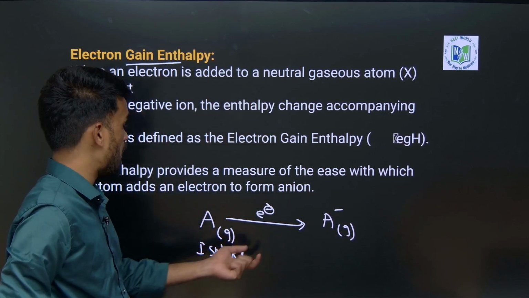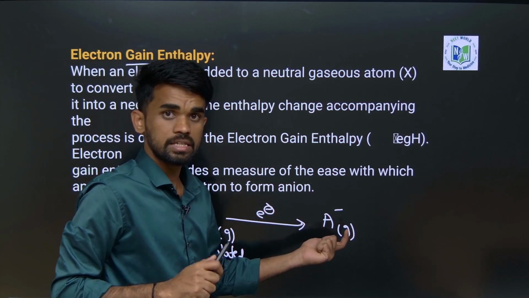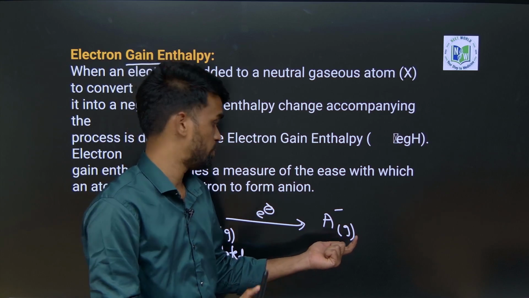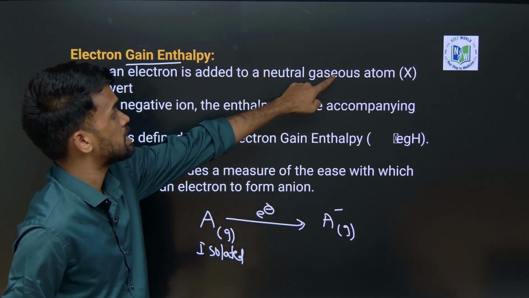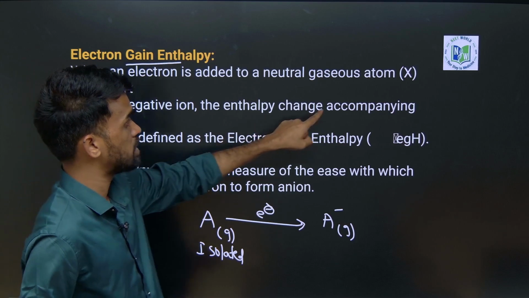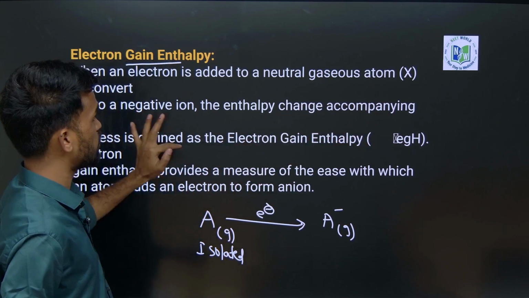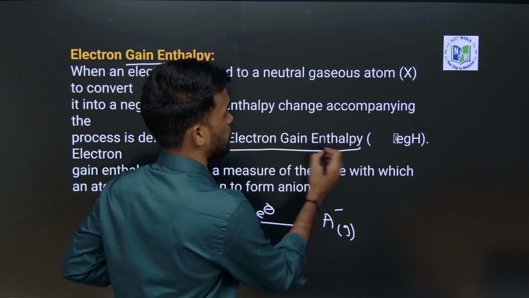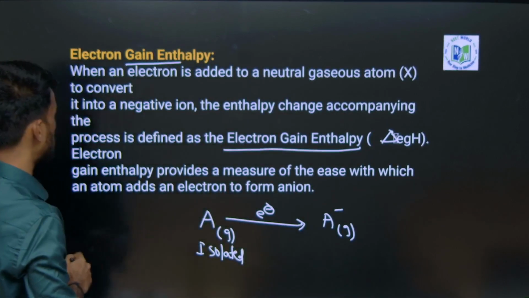The enthalpy change associated with this process is considered as electron gain enthalpy. When an electron is added to a neutral gaseous atom to convert it into a negative ion, an anion, the enthalpy change accompanying the process is defined as the electron gain enthalpy. It is indicated with delta H Eg.